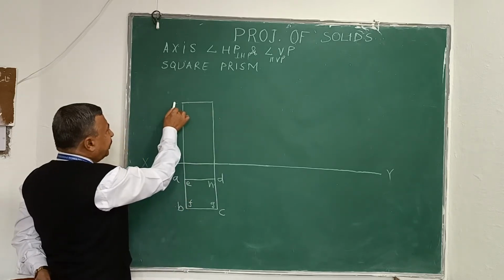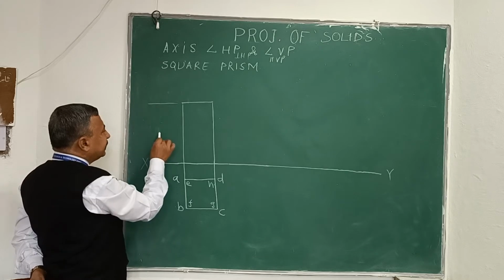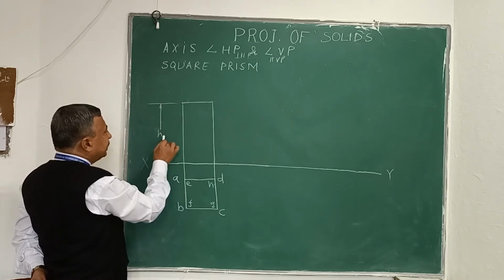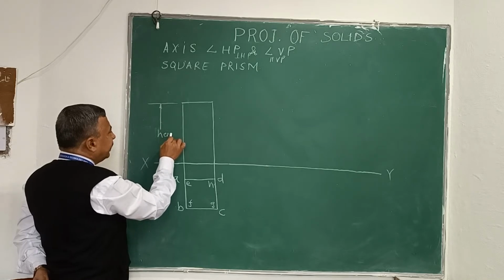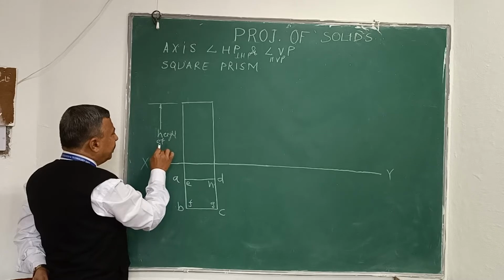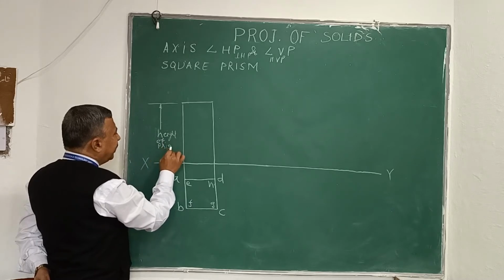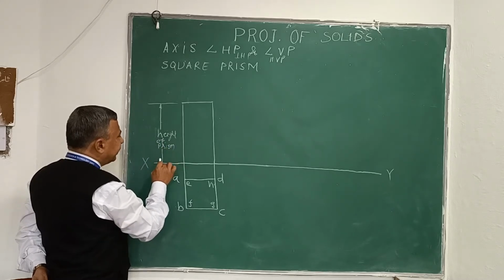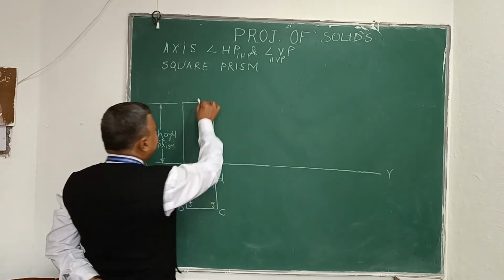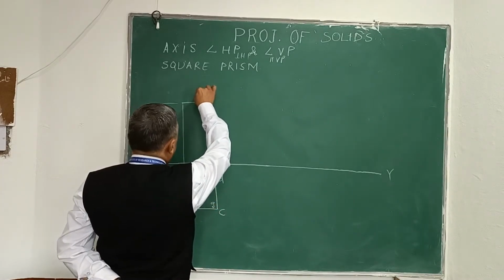This is the height of the prism, or height of axis taken in front view. Now axis also we can draw.